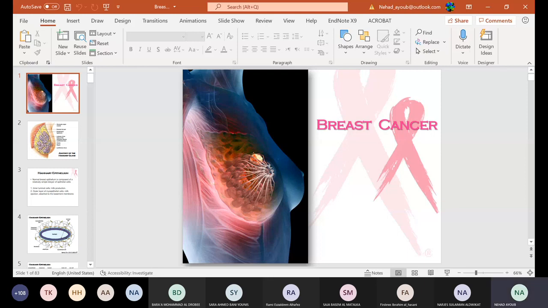Do you have any idea about the local statistics of breast cancer in Jordan? Any idea?